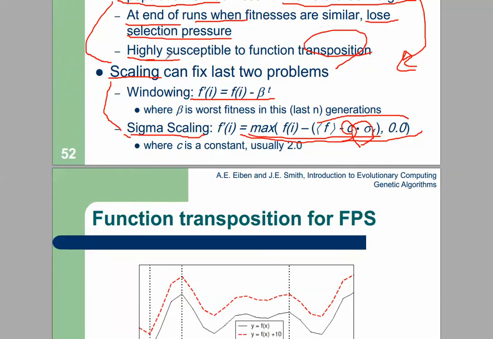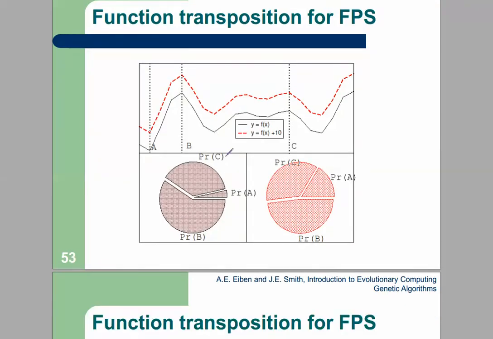The last problem is shown here. If you use f(x) as a fitness function, when you change the element, the fitness changes, such as this line, the red line for some elements and the black line for the other elements. But the chance to be selected changes.